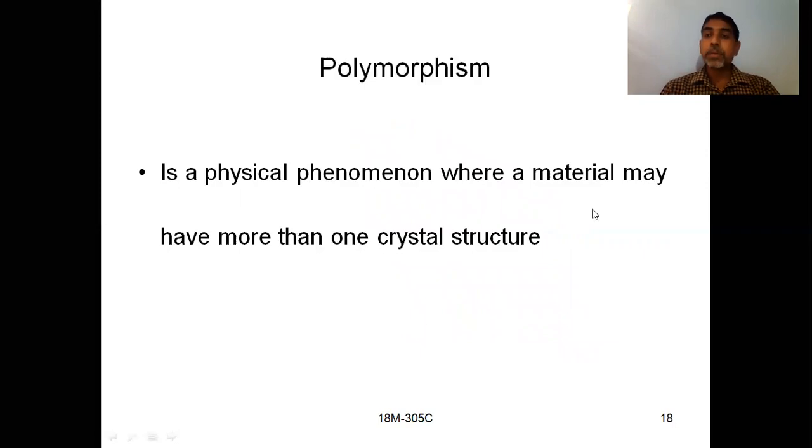So what is polymorphism? See here, polymorphism is a physical phenomenon in which a material may exist in more than one crystal structure. If a material has more than one crystal structure, that type of physical phenomenon is known as polymorphism.